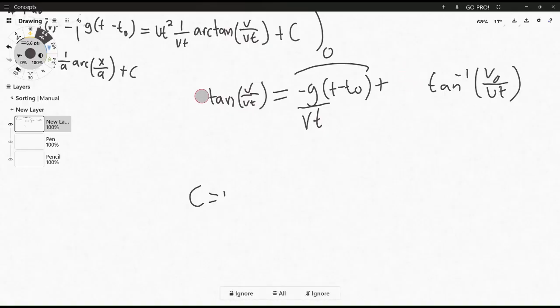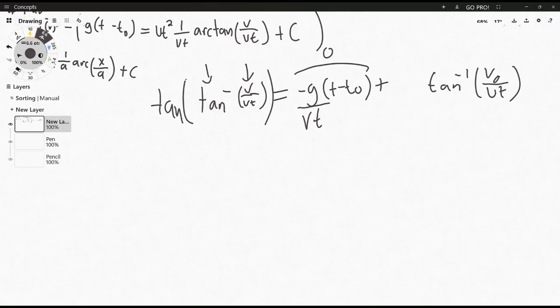So now I have tan inverse. So now what I want to do is solve for this velocity, right? So I'm going to take the tangent of both sides, so I can undo this inverse tangent, right?